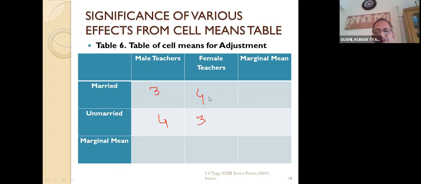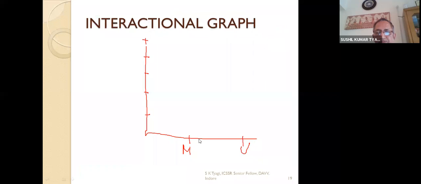3 is male, 4 is female. For married, this 3 is male, and 4 is female. Okay.